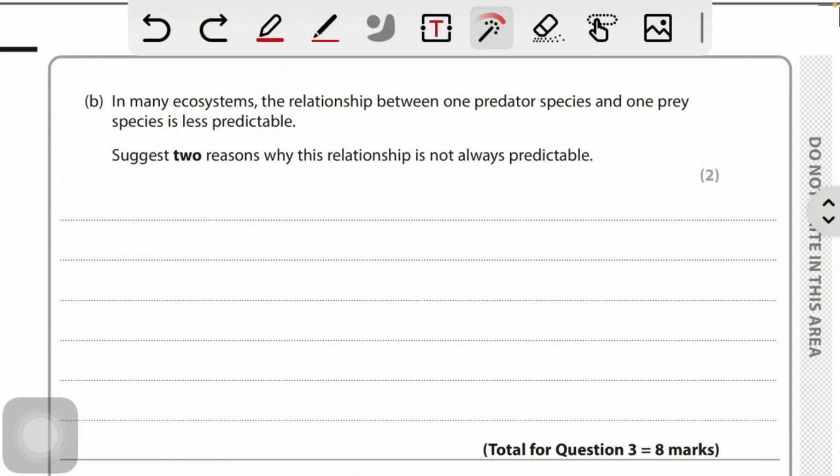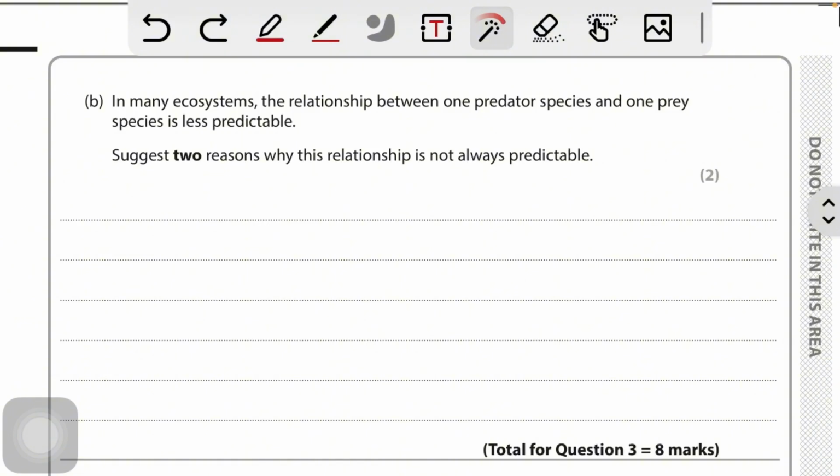The number of predators is influenced by their own predators, like the predator has a predator, so their number depends on it. It can also happen due to some diseases, natural disasters, or lack of water.